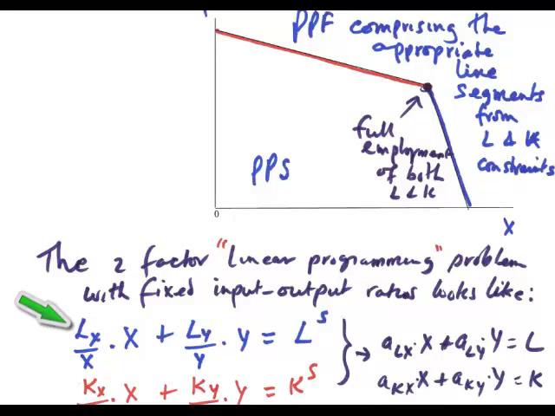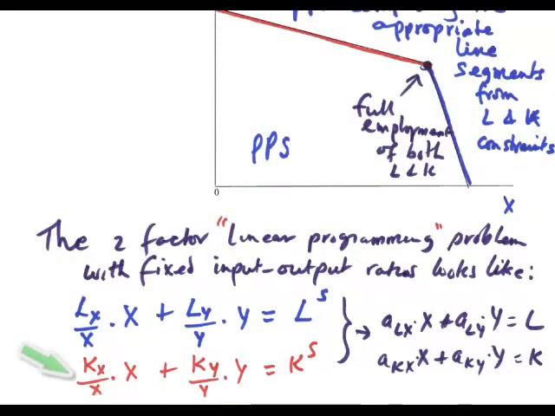I'm adding a second resource, capital, doing a similar analysis, multiplying and dividing by x, multiplying and dividing by y, and creating input-output ratios. Now I have four of these, ALX, ALY, the original two, AKX, AKY, going with the capital constraint.